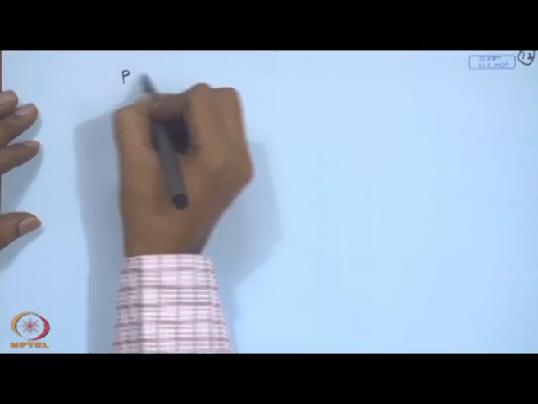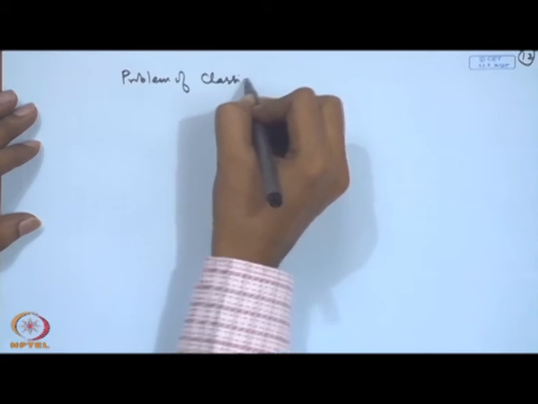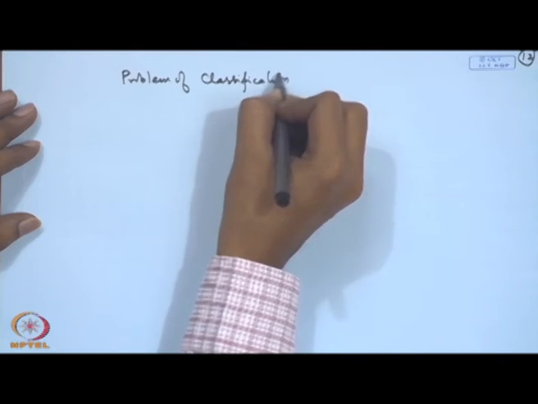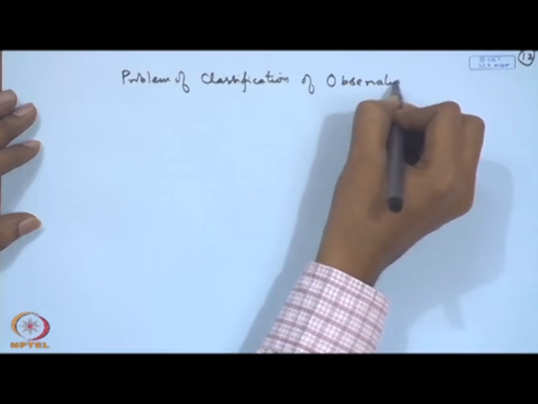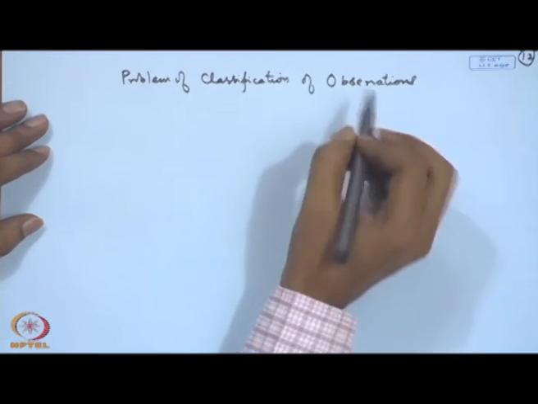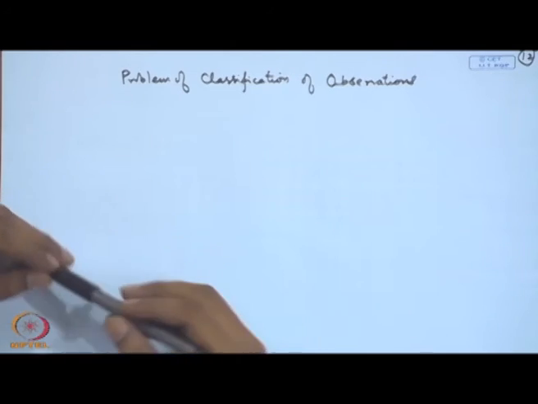Rather, we move over to a more practically oriented problem, which is called the problem of classification of observations. So, quite frequently we encounter various kinds of problems. For example, consider a new entrant to a college.